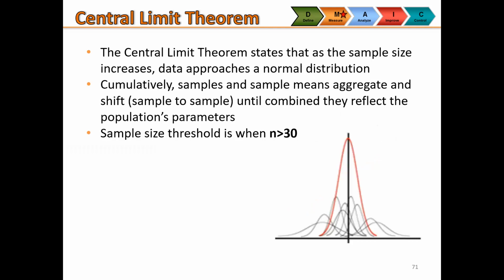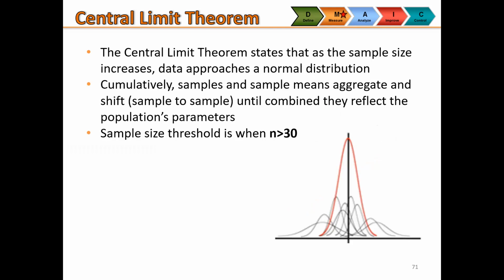Central limit theory, as I mentioned, is that as the sample size increases, data approaches a normal distribution. So if I'm building a new process, for example, and I'm collecting data and I'm getting data points all over, like the whale, if you think about it, if I collect more data, it's going to become a normal distribution.